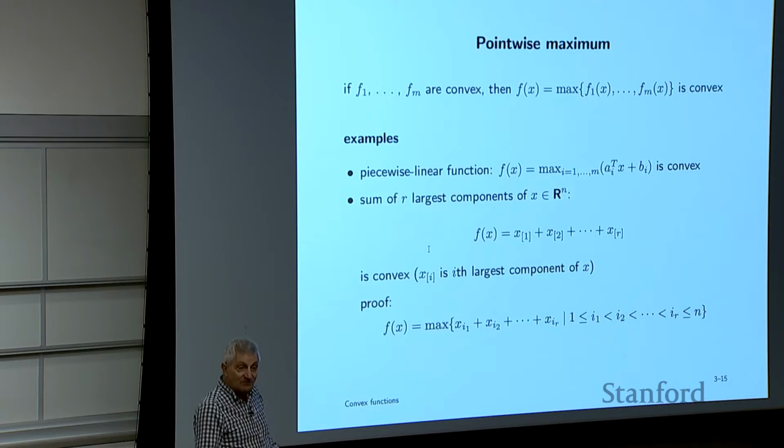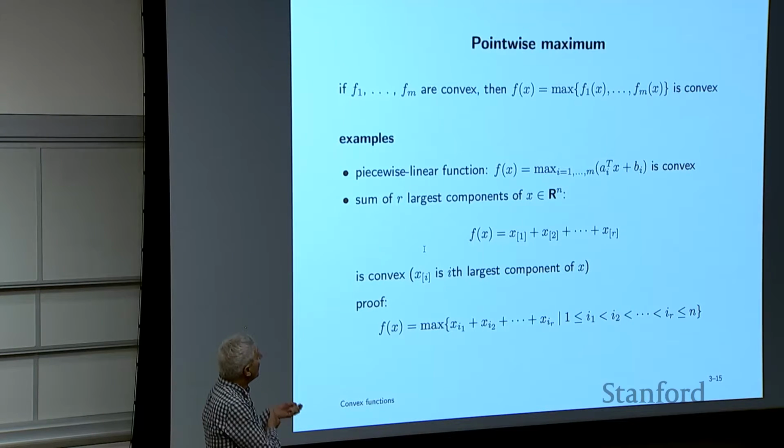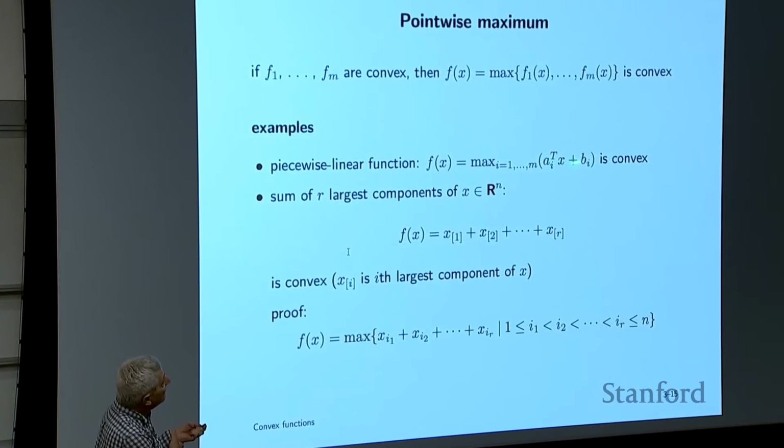But for convex piecewise linear functions, there are many other ways that are better to represent it. One is simply the max of a set of affine functions. I give you a bunch of affine functions, and then I simply take the maximum, and that function is going to be convex.